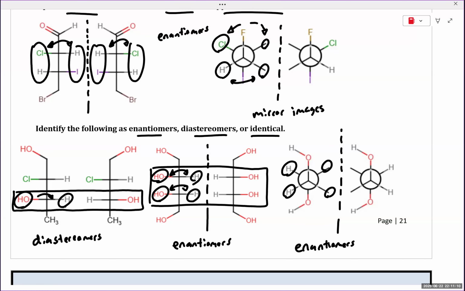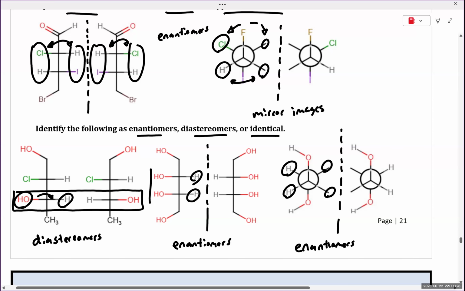Now, it's important for us to take a moment and look at this second case in particular. There's something a little bit subtle in this second case, where even though we've seen a very clear and obvious mirror image problem, there's one other thing that we have to check for.